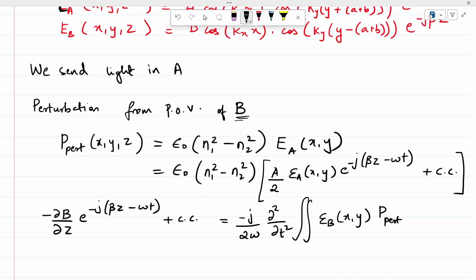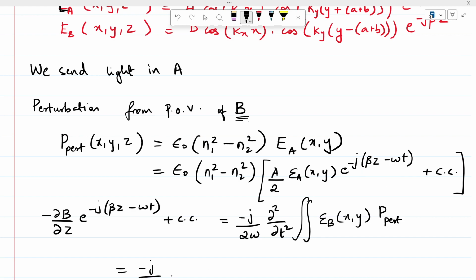So the change in the B term will be proportional to the overlap between the electric field in the B waveguide times the perturbation. So this RHS we can simplify further, again like last time. So again I'll have minus j by 2 omega dou square by dou t square of, so the t dependence will only come from the p per term, where this is the t dependence.